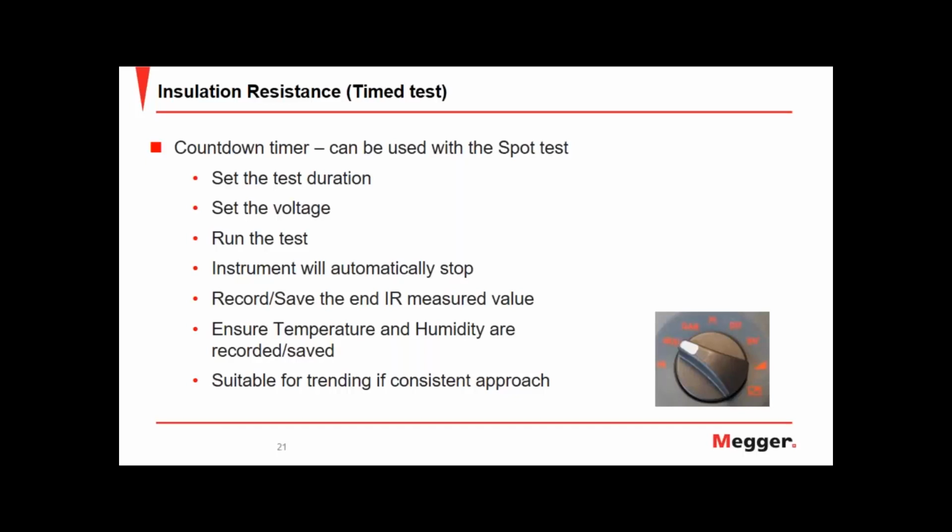And this method is much more sensible when it comes to doing trending, because you can use the same duration on the same asset each time you perform that test. So rather than doing one test at, say, 1 minute and another test at 2 minutes and having a variation as a result of humidity or temperature variation during that time, you're actually normalizing the values and you're able to trend more consistently.